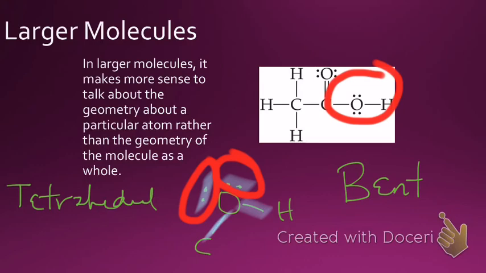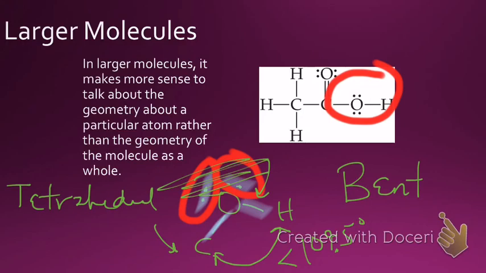Now we can actually get an idea, remember, the angle is actually based off of the electron domain geometry. So if this was a perfect tetrahedral, it would be 109.5. However, because of the lone pair electrons here, they are pushing down on that bond, and so it's going to be a little less than 109.5.